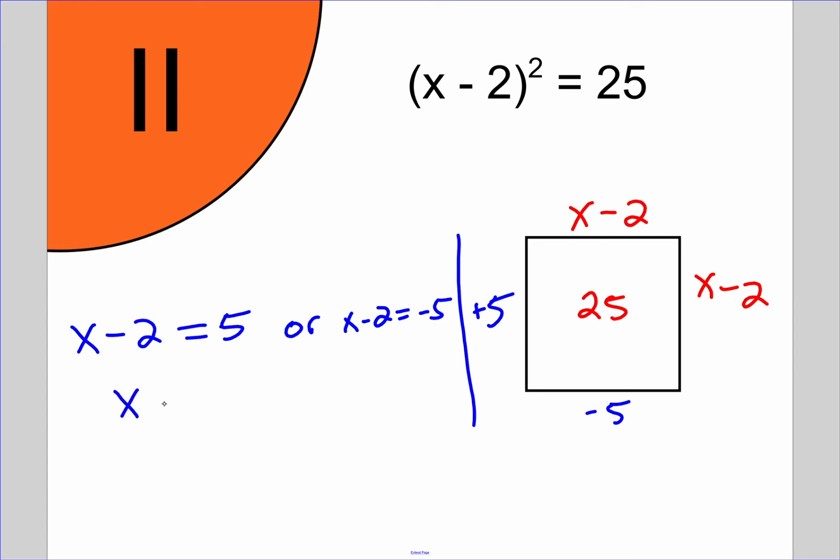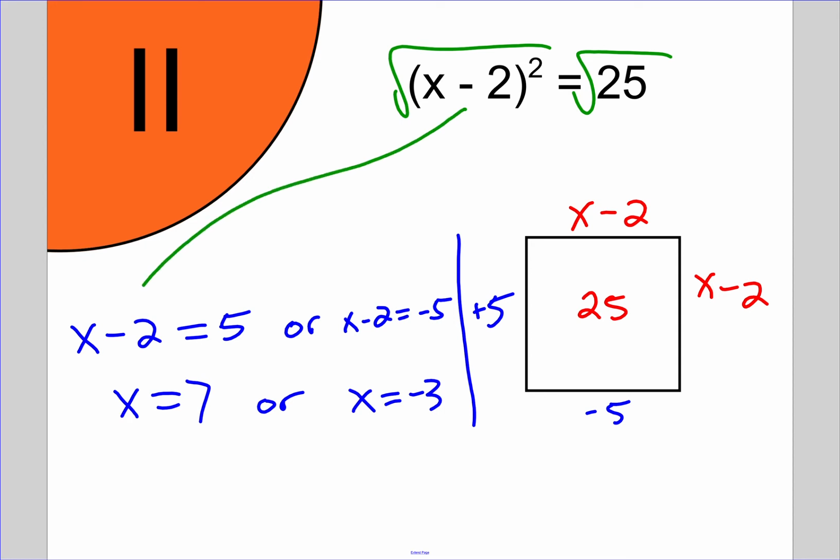Over here we get x equals 7, or x equals negative 3. Those are the two equations that we get if we follow the standard method of taking a square root here, again leading to x minus 2 equals 5 and x minus 2 equals negative 5.